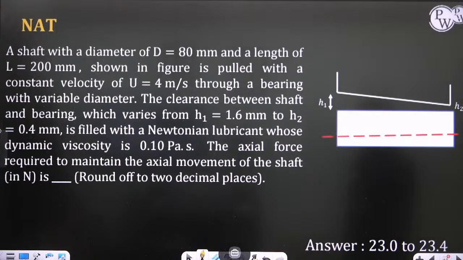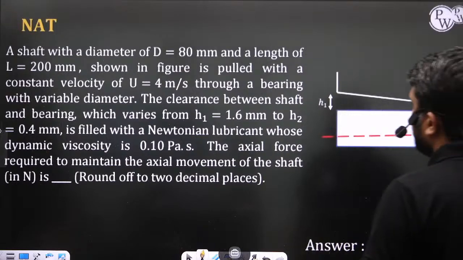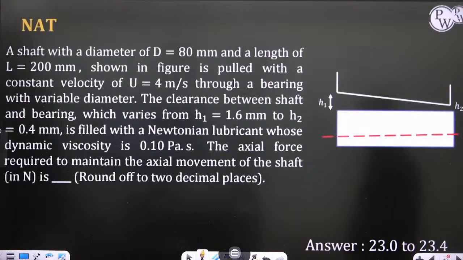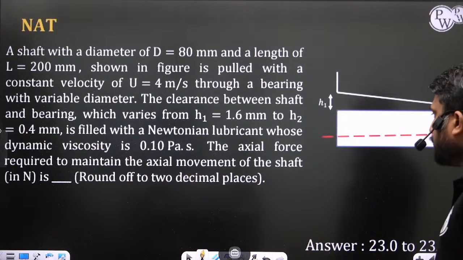The clearance between the shaft and the bearing, which varies from H1 1.6 millimeter to H2 0.4 millimeter, is filled with a Newtonian lubricant whose dynamic viscosity is 0.10 pascal second. The axial force required to maintain the axial movement of the shaft in Newton is, round off to 2 decimal places.